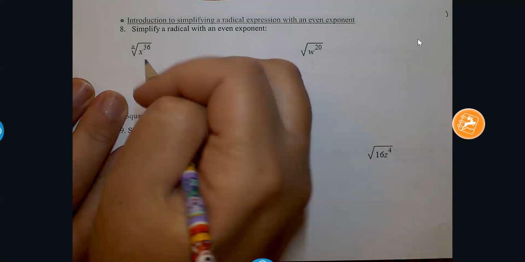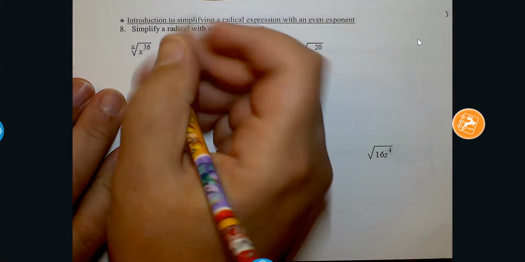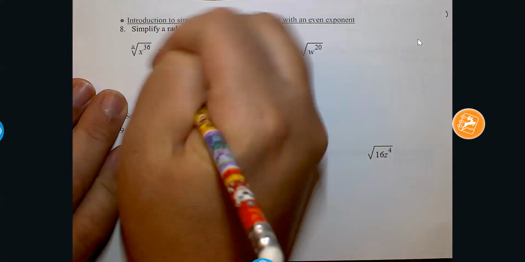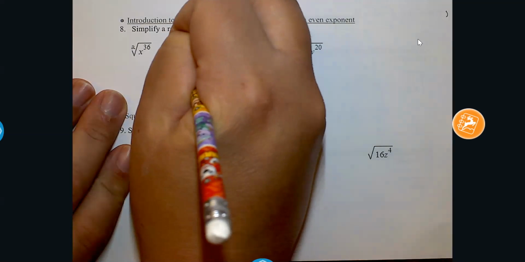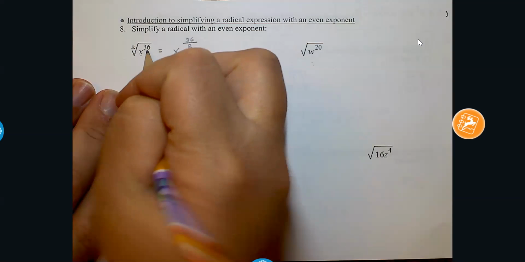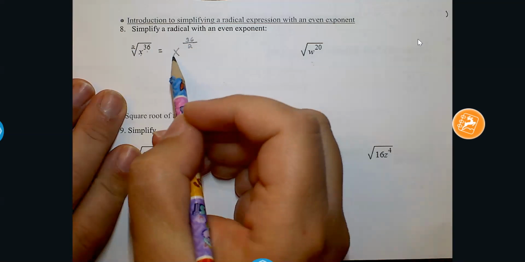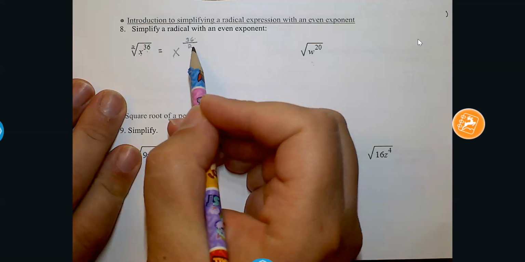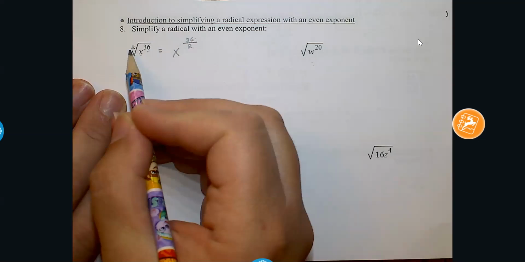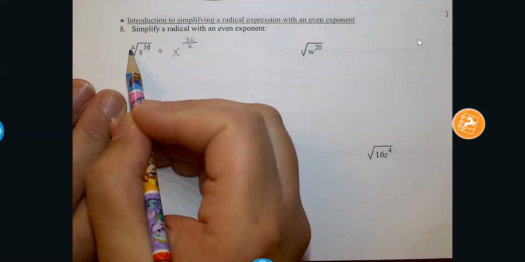Now what you want to do here is you want to make this into a fraction. So we're going to do 36 divided by 2. So the square root of x to the 36 is going to be the same thing as x to the 36 divided by 2. So you are dividing your exponent by the number on the outside of it.